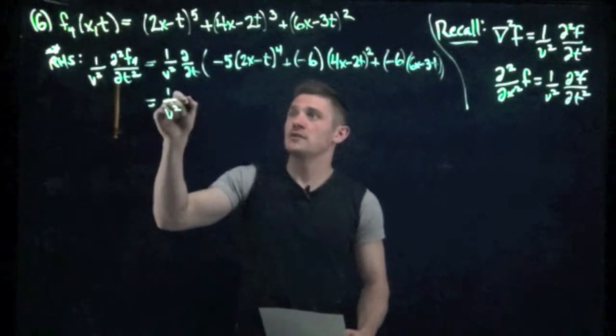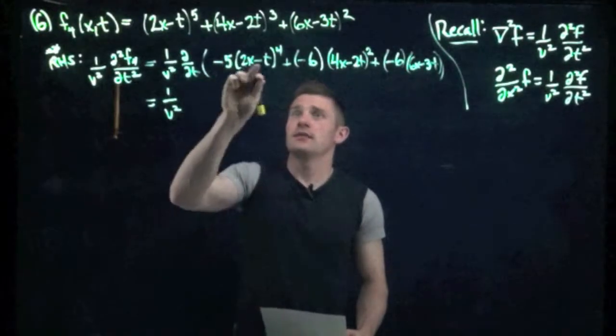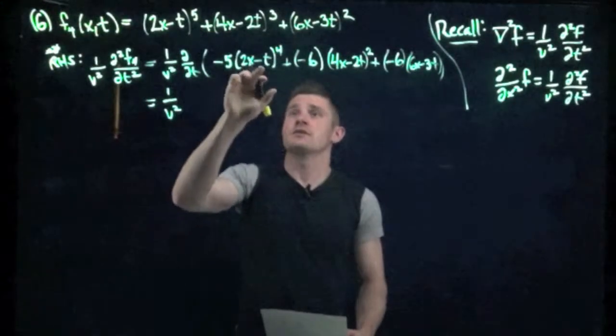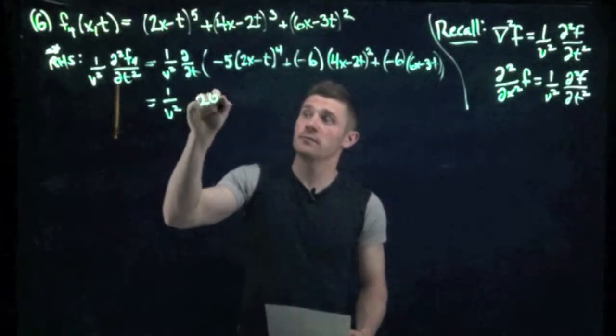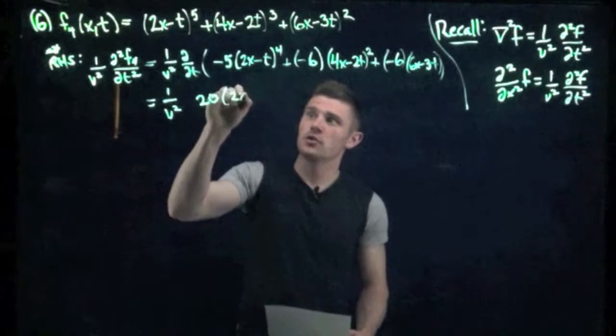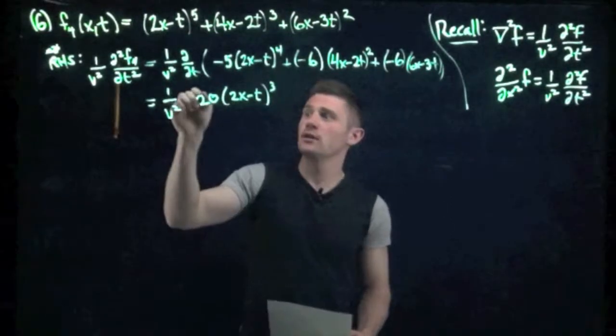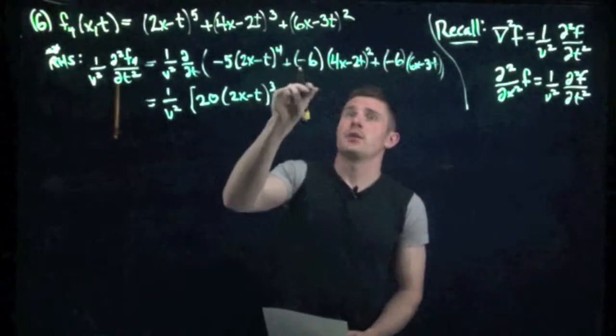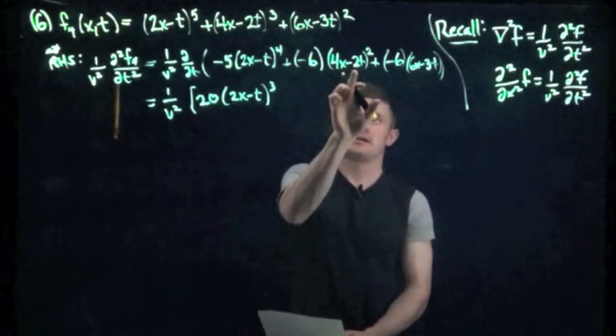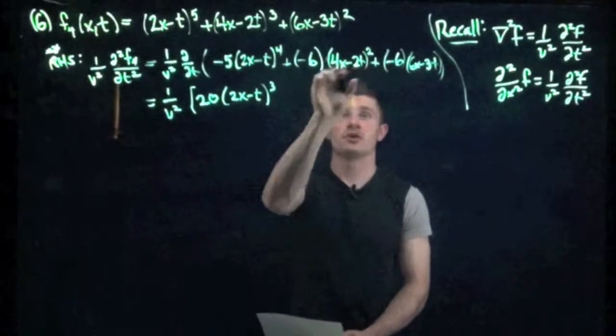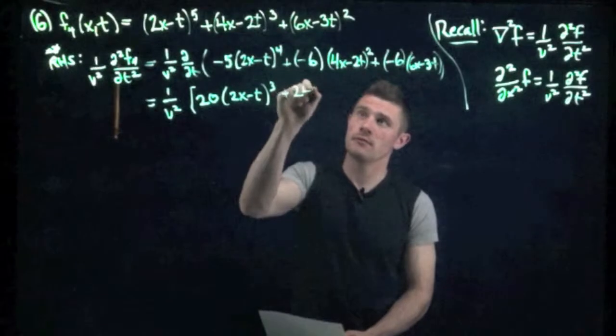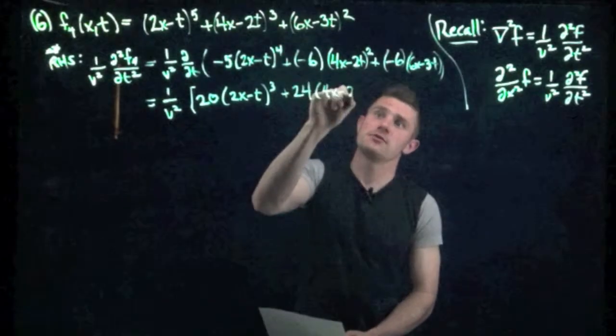1/v^2. Now we get -4 times 5 times -1 gives us a positive 20(2x - t)^3. And then now we have a -6 multiplied by a -2 gives us a 12, multiplied by 2 gives us a 24(4x - 2t).